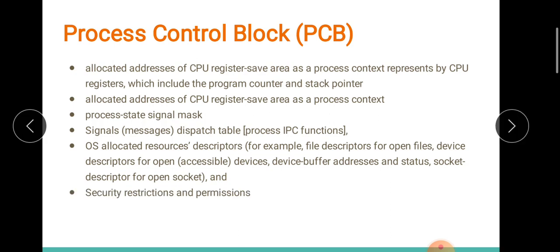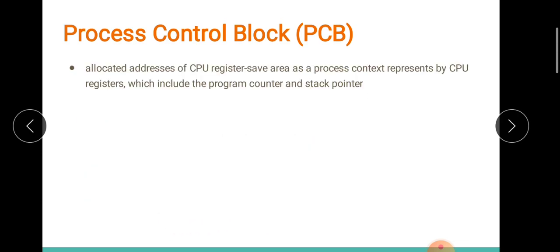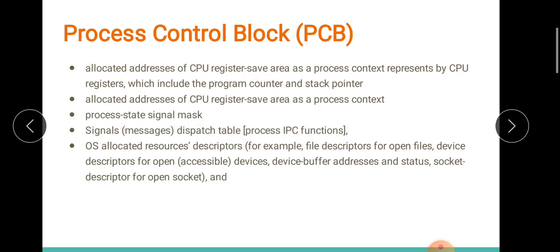The resources and the security restrictions, each and every thing related to a process can be found in the PCB. So basically it includes the process ID, the priorities, and a set of memory locations for the program memory, for the specific data, for the heap, and for the stack addresses. All these are stored in the PCB, right? Everything. So that's about process.